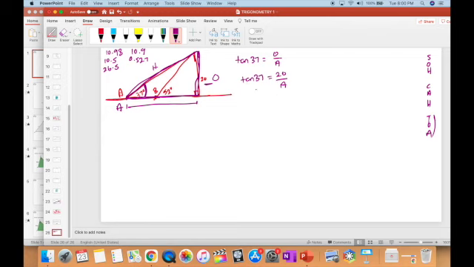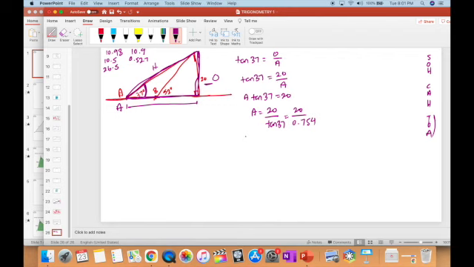So we carry the a across, so a tan 37 is equal to 20, and therefore a is equal to 20 divided by the tan of 37, which is 0.754. Right? 3 decimal places is a pretty cool place to be, especially with these types of questions.